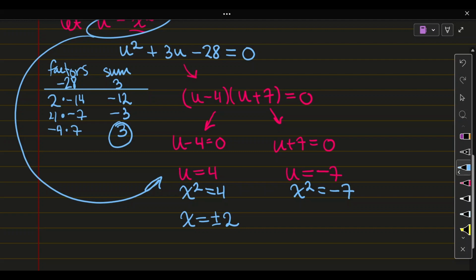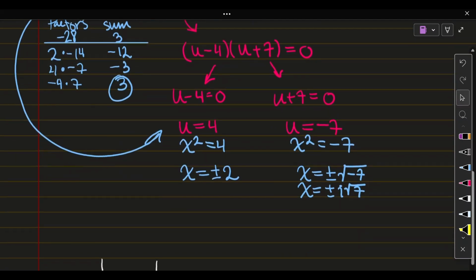And then over here, I have x is equal to plus or minus the square root of negative 7. And then remember that the square root of a negative number is just i times the square root of that number. So this is x equals plus or minus i times the square root of 7. And if you're unfamiliar with that, I recommend checking my video on complex numbers.